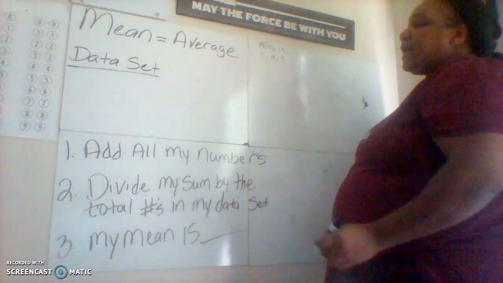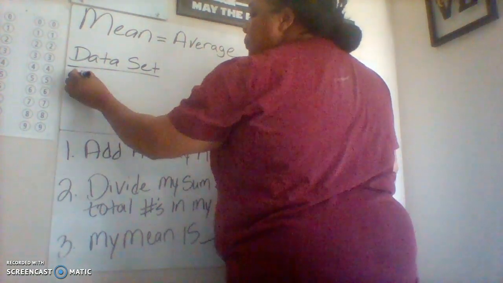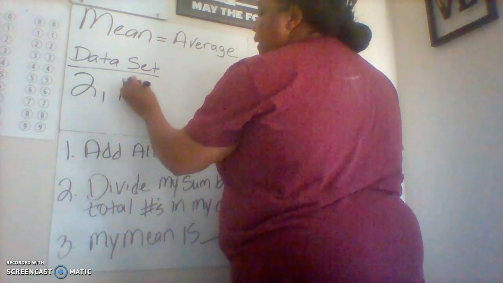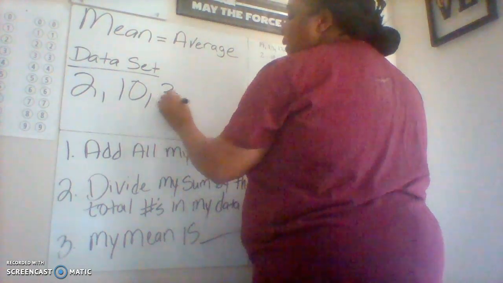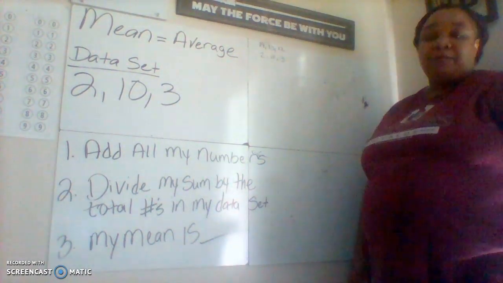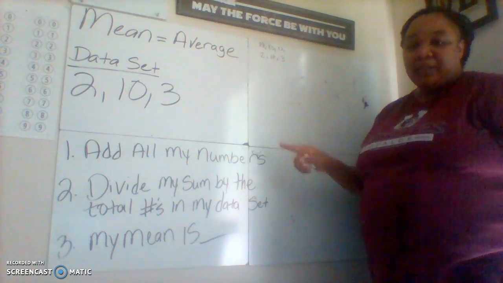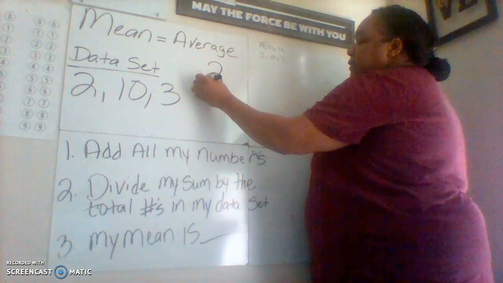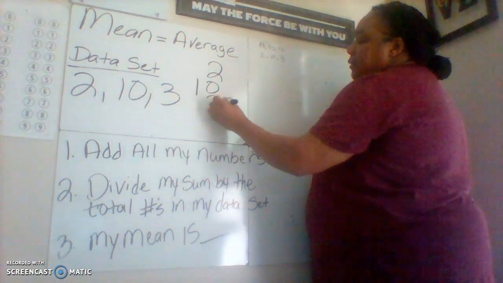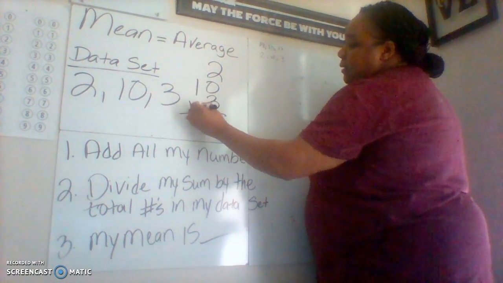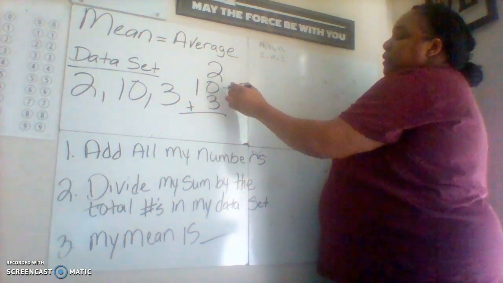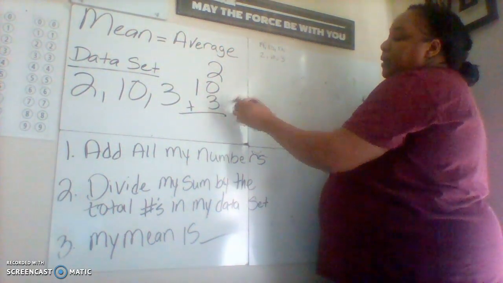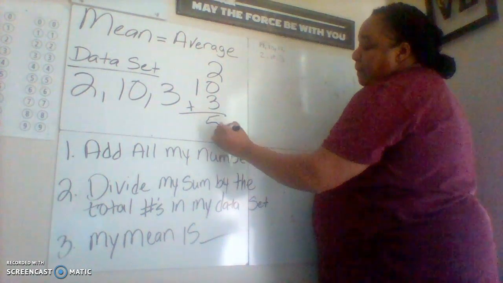Next one, my next data set is going to be 2, 10, and 3, okay? First step, add all my numbers. I'm going to add 2 plus 10 plus 3. Add those up, okay? 2 plus 0 is 2, plus 3 is 5.